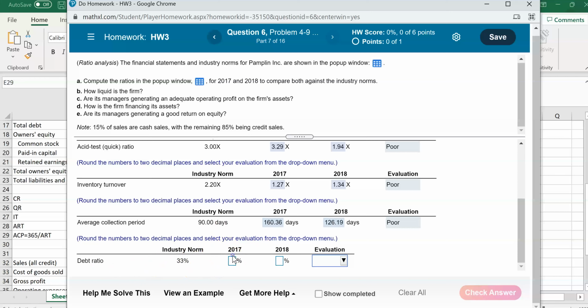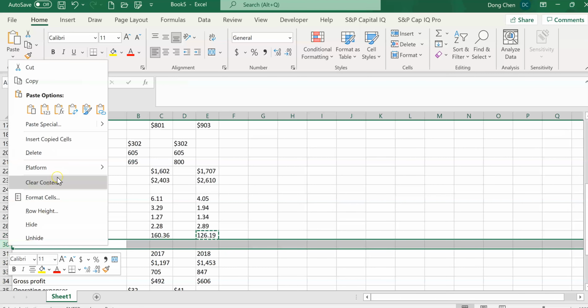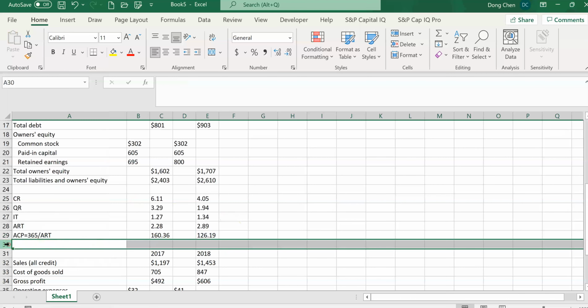And debt ratio, we know this is defined to be the total liabilities divided by the total assets, right? That's how many of the assets is financed by debt rather than equity. So then we have to probably insert another row here.